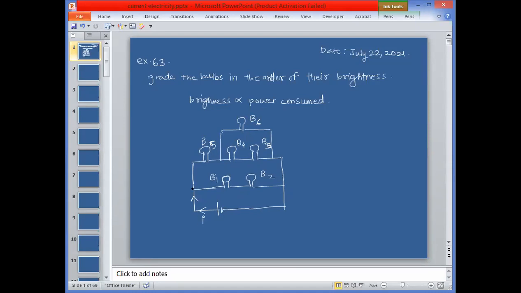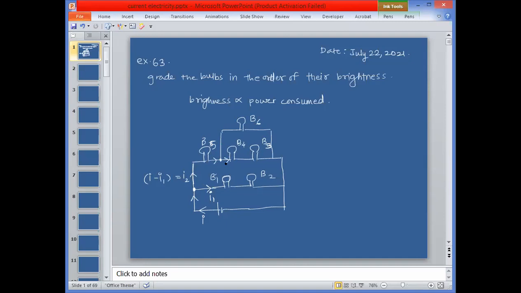Current I will reach at this point. Let's say the current I1 goes here, and the remaining current you can call I2, or I minus I1. The same current I2 will reach here.